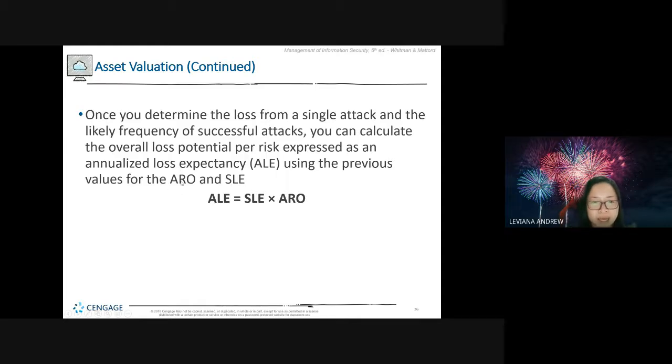So ARO is how many times, the probability of each type of attack that occurs, multiplied by how much is the loss if one attack happens. So ARO times SLE becomes annualized loss expectancy.